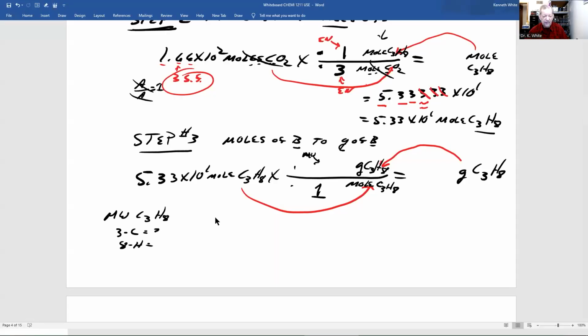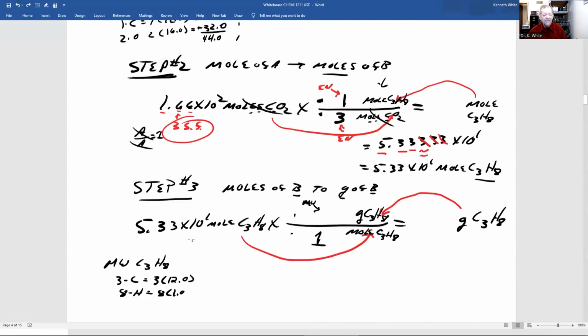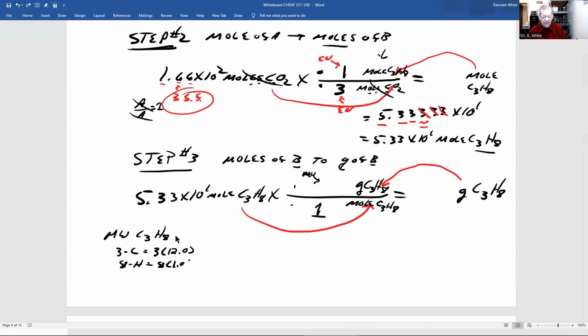So there's 3 carbon, each one is 12.0. There are 8 hydrogen, each one is 1.01. I was getting ahead of myself. Do the math, 3 times 12.0 is 36.0. 8 times 1.01 is 8.08.